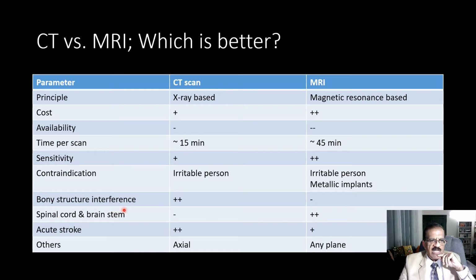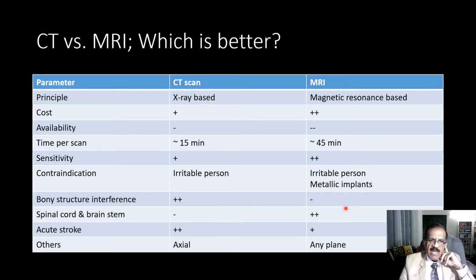Bone structure interference: when we do a CT scan, X-rays pass through the bone and then the soft tissue. When we consider the brain, we can still get a very good quality image because the proportion of bone is much less as compared to the soft tissue. But when we want to image the spine, for example, CT scan will not give you a good quality image.